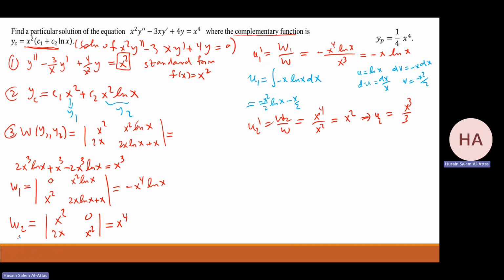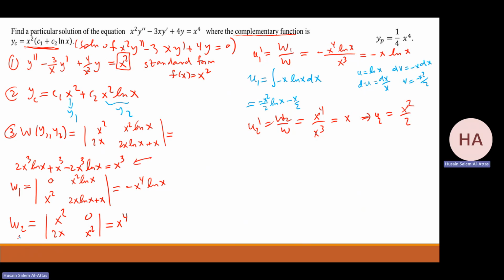Is it? Zero and then x squared. No, it's x to the power 4 over x cubed. This is x cubed, sorry. So that is x. So this is x squared over 2. W is x cubed, not x squared.